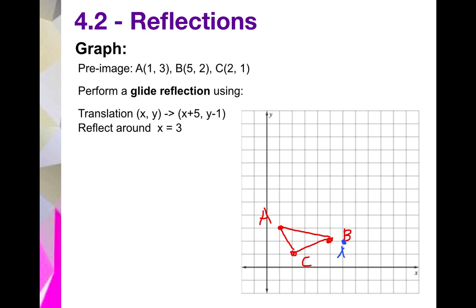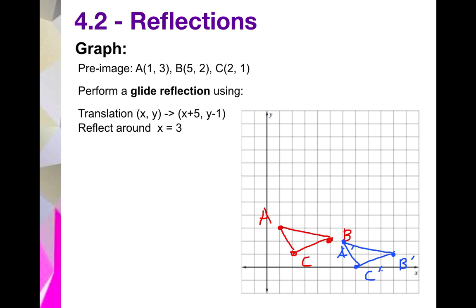So that becomes A prime. B prime is, and C prime. So there's our glide. And then we want to reflect around x equals 3.